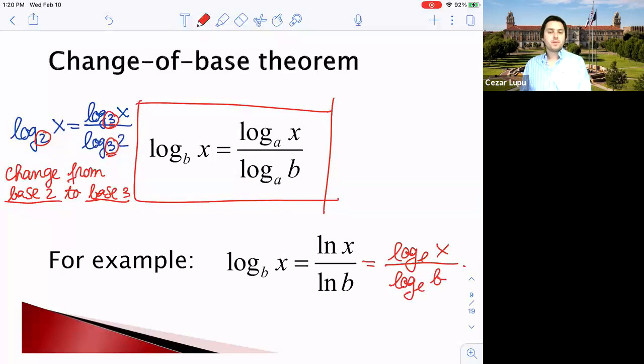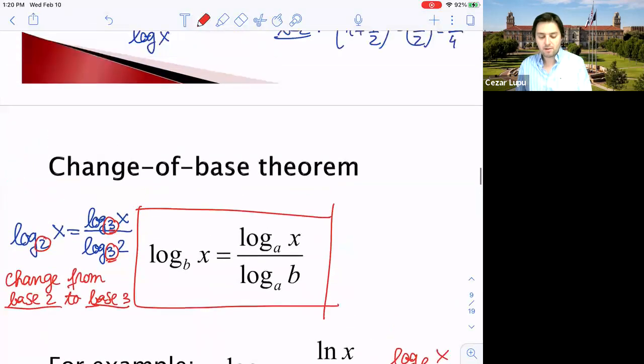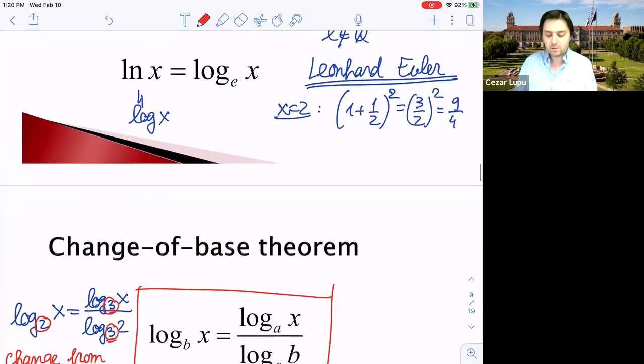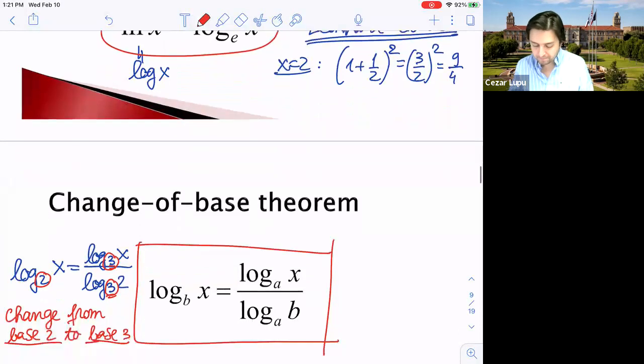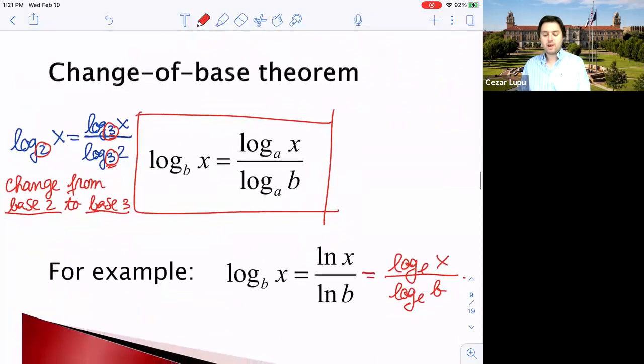By what we said earlier, we write log in base e of x as ln of x.